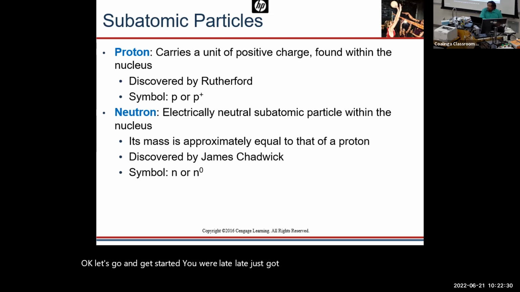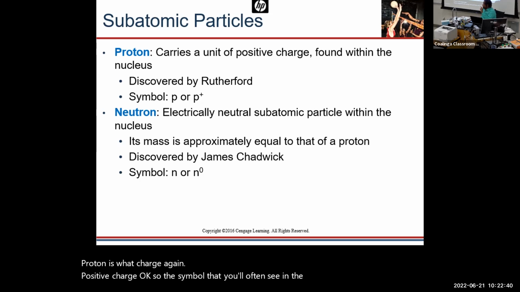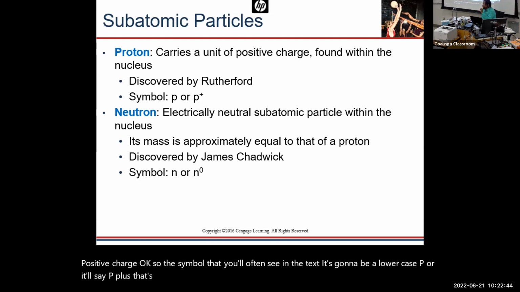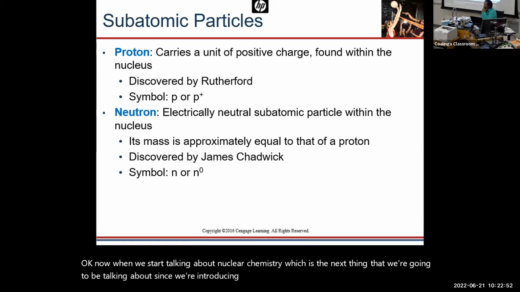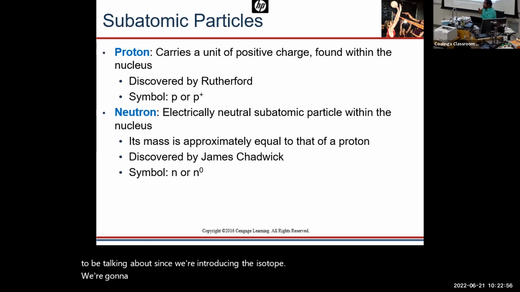So, a proton. Proton is what charge again? Positive charge. The symbol that you'll often see in the text is a lowercase p, or it'll say p plus. That represents the proton. Now when we start talking about nuclear chemistry, which is the next thing we're going to talk about, we're going to make reference to that p as a proton.